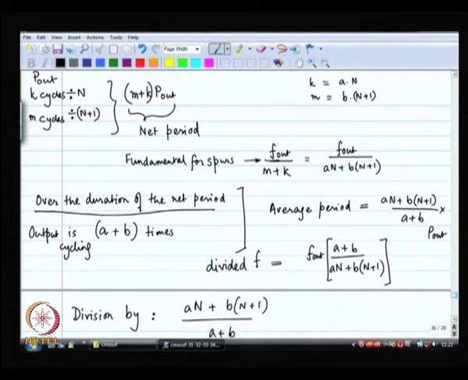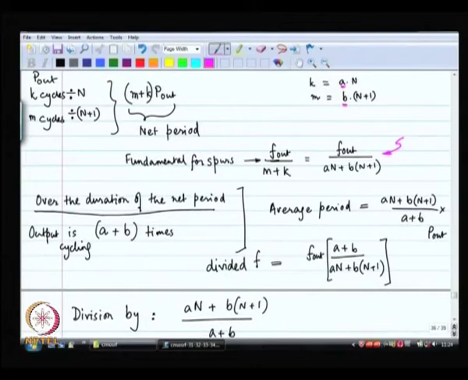Let us assume k equals a times n and m equals b times n plus 1. So, the total number of cycles I am waiting for is k plus m, which means the net period of the whole business is k plus m cycles at the output.